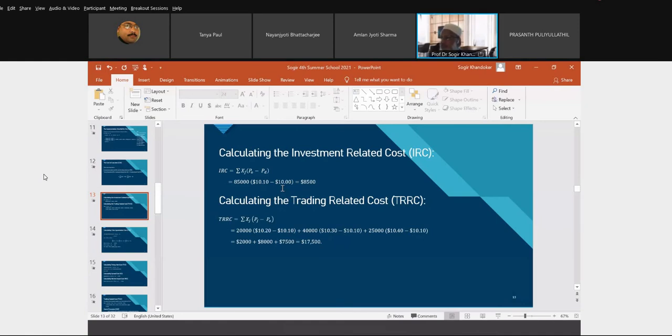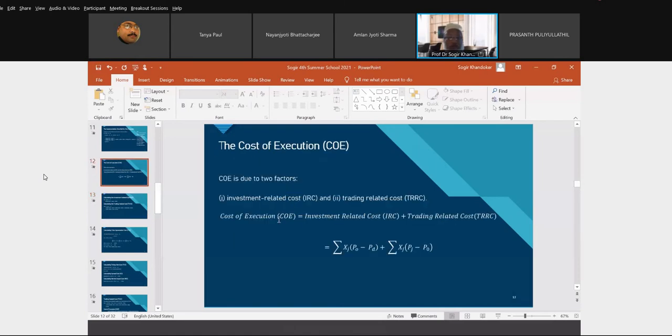Putting this analysis together, formally we can show the cost of execution as investment related cost plus trading related cost. So this is the formula of investment related cost and this is the formula of trading related cost. And we can easily put in the figures, that is P naught is 10.10, PD is 10, and XJ is our executed shares.